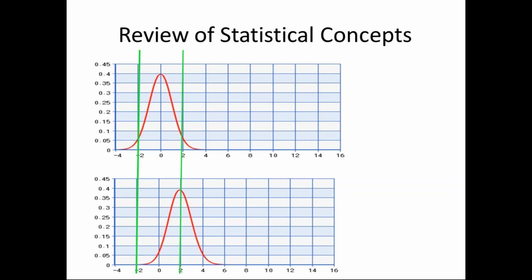What that does is it literally takes the distribution and shoves it over toward the right. And now your power becomes, on the bottom graph, how much of the area of that curve is above or below one of the rejection regions.